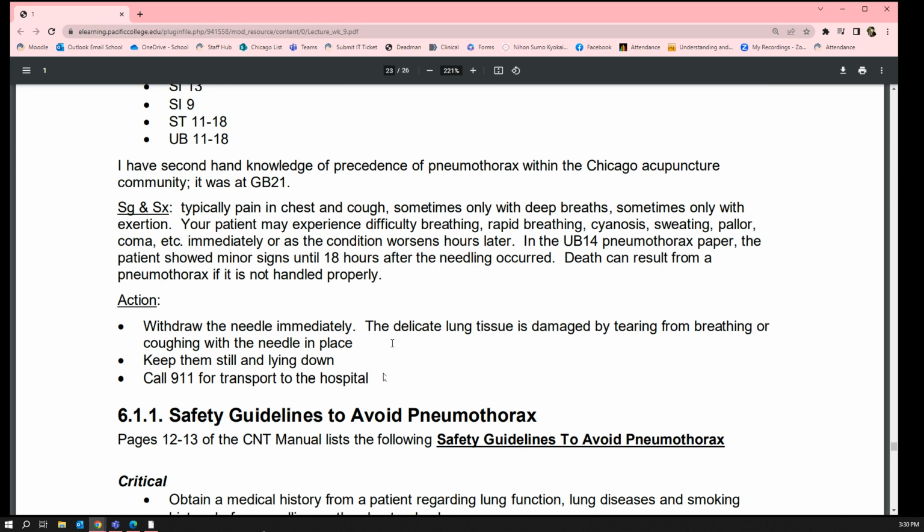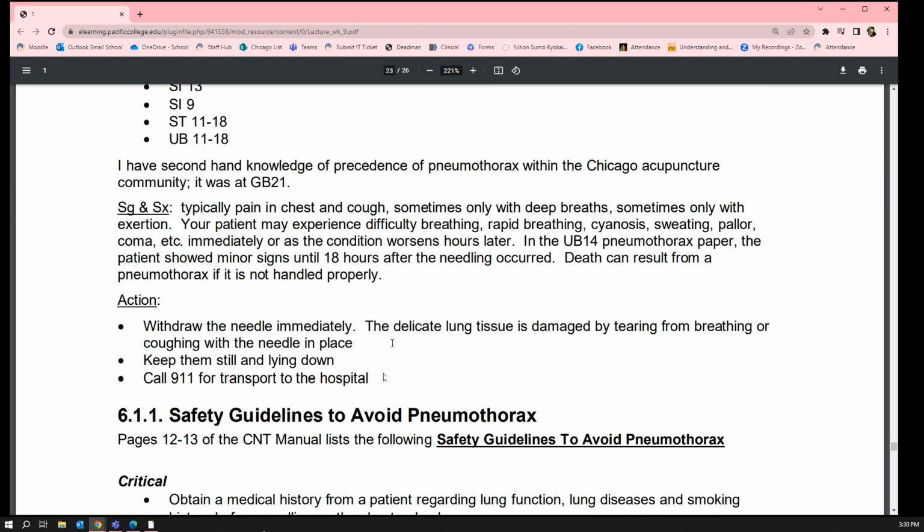When you have a large object wedged into an organ, the lungs in particular, since we're talking about the lungs, you don't want to remove it because it's going to make it worse. But when you have a teeny little acupuncture needle, if the tip of that needle is seated in the lungs or at the lungs, the delicate lung tissue can be damaged by tearing from breathing or coughing while the needle is still in place.